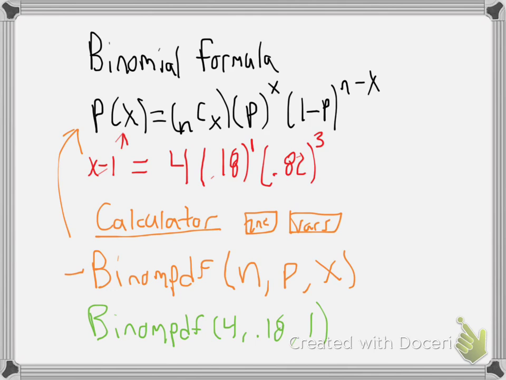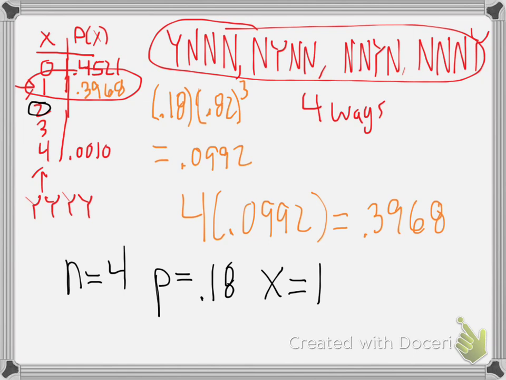So if I do second vars, scroll all the way down until I find binom PDF, press enter, and then I choose 4, comma, and remember the comma button is above the number 7, 0.18, comma, 1, press enter, and I'll get my answer just like that, 0.3969, which would round up based on the 5th digit, and you can see that right there. It's really close to what we got.